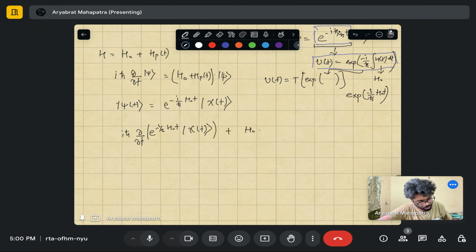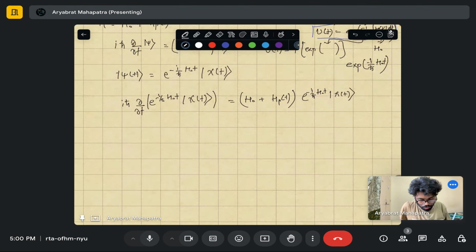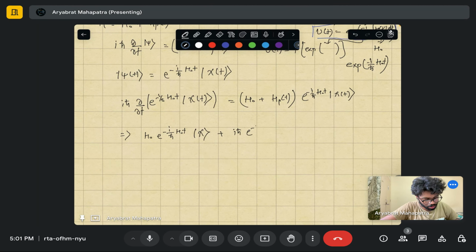Plus H naught plus H_P. So this is equal to, from here you will get H naught and exponential minus i by h bar H naught t, then chi, then further you will have plus i h bar, minus i h bar H naught t.